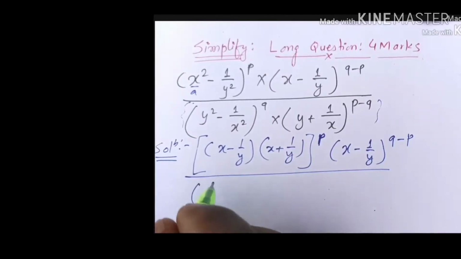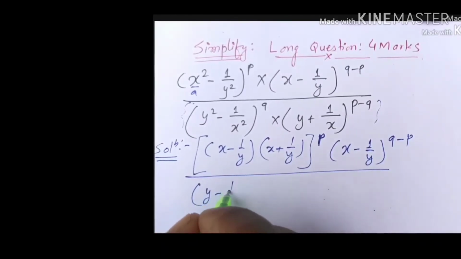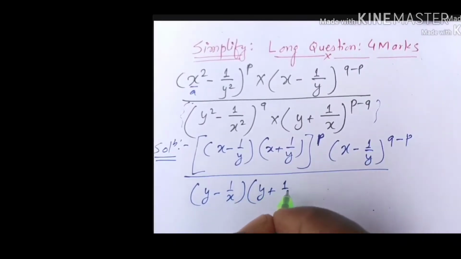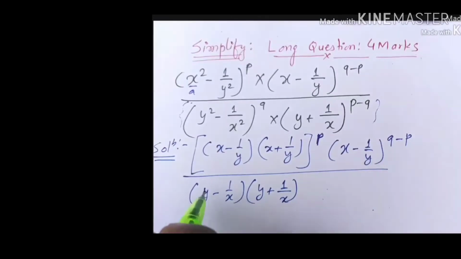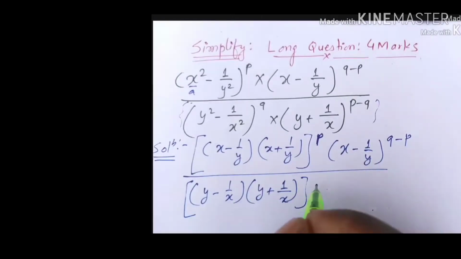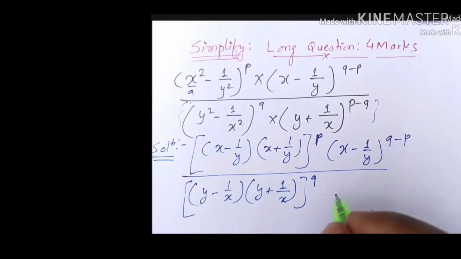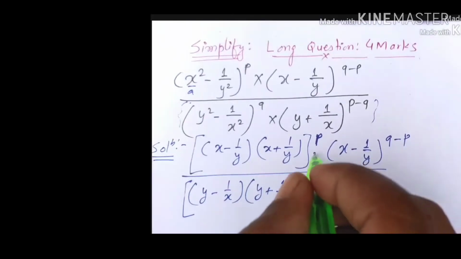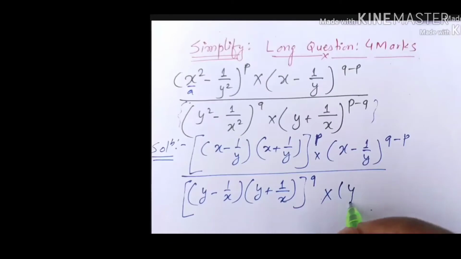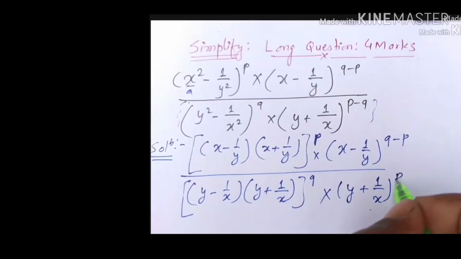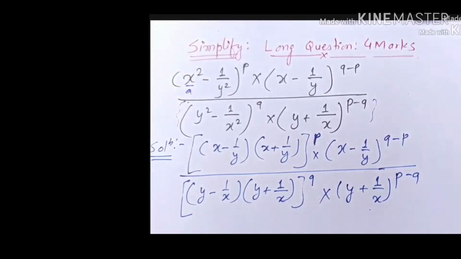So for this also you can write (y − 1/x)(y + 1/x) power q, and the remaining term (y + 1/x)^(p − q) is as it is.